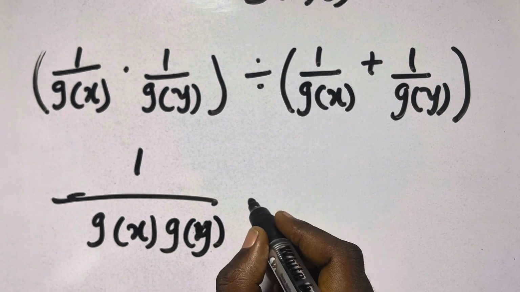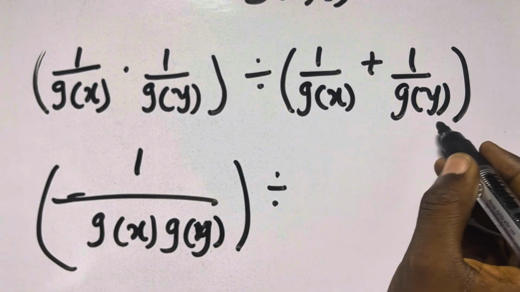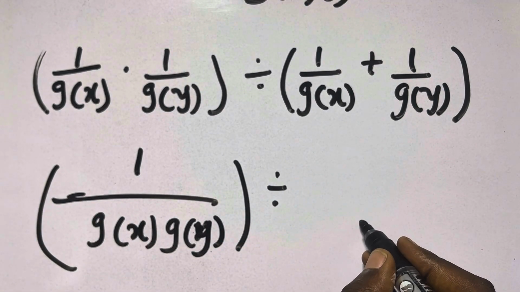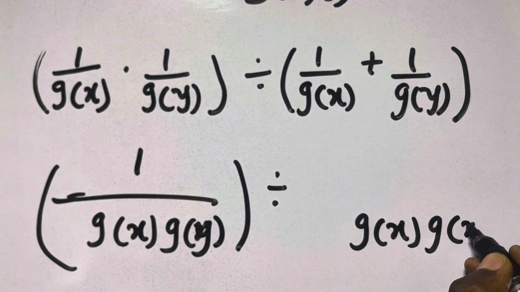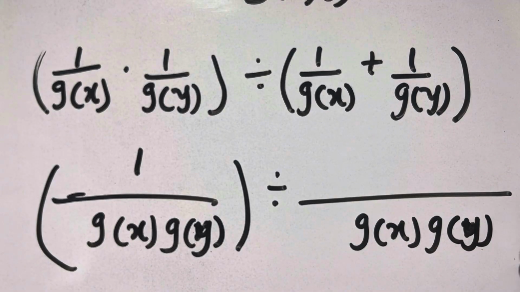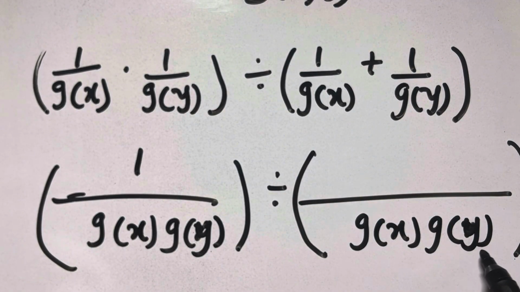All right, so everything here is divided by, here what we are going to do is find the LCM. The LCM will be g of x multiplied by g of y.